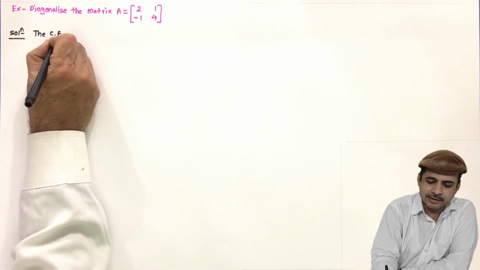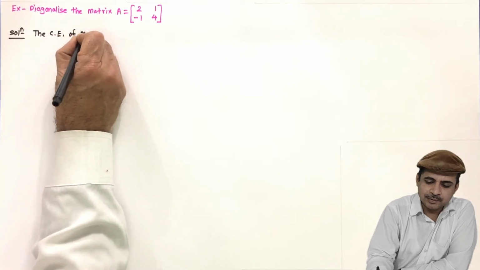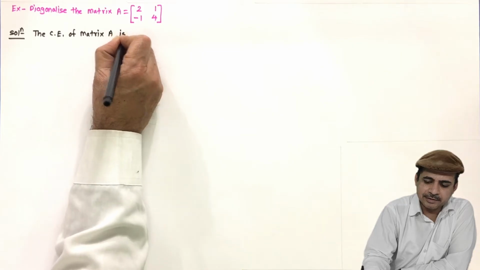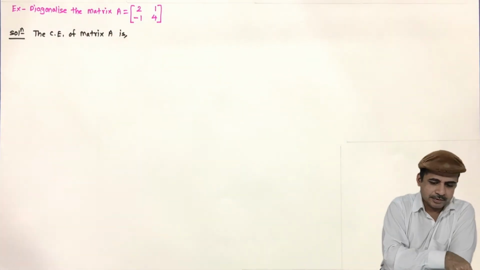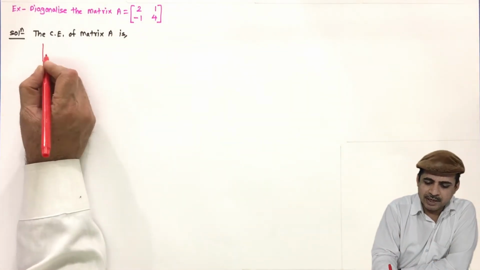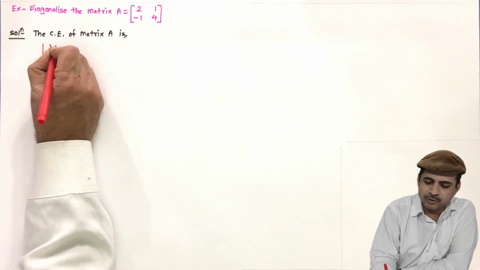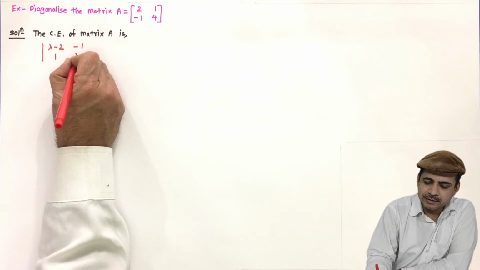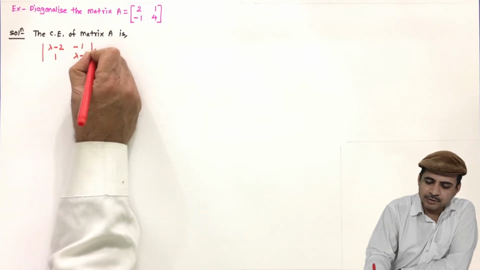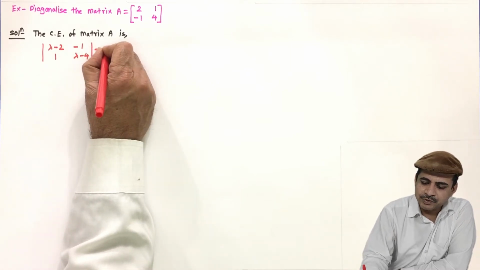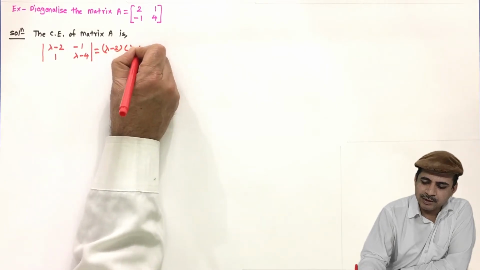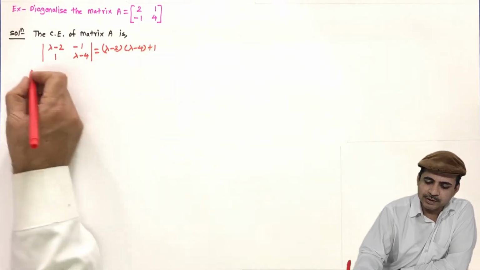The characteristic equation of matrix A is determinant of lambda I minus A equal to 0, so it's lambda minus 2, minus 1, 1, lambda minus 4, and this is equal to (lambda minus 2) into (lambda minus 4) plus 1.